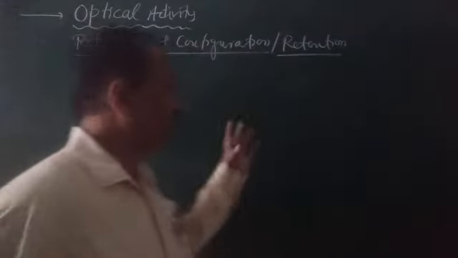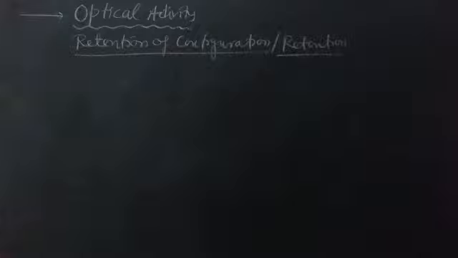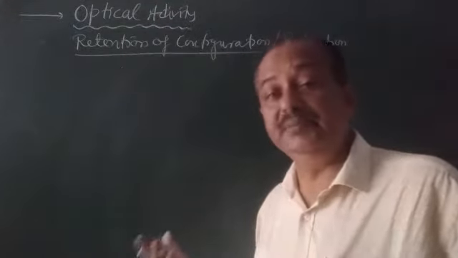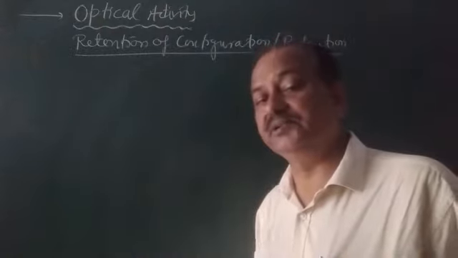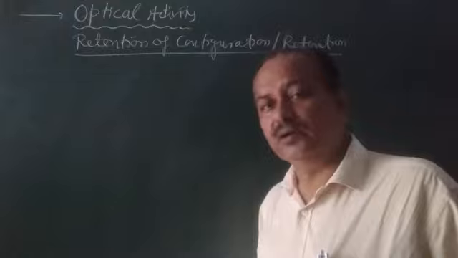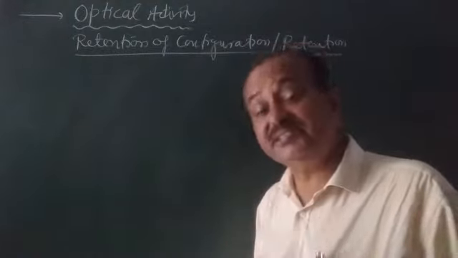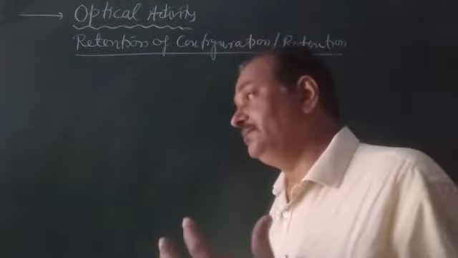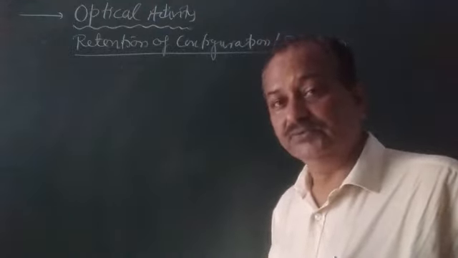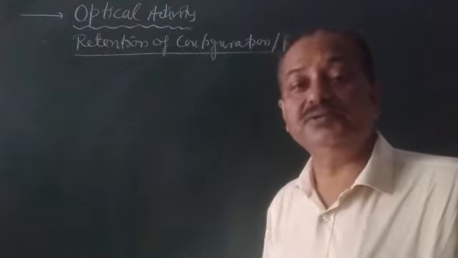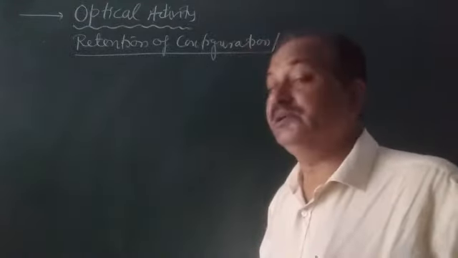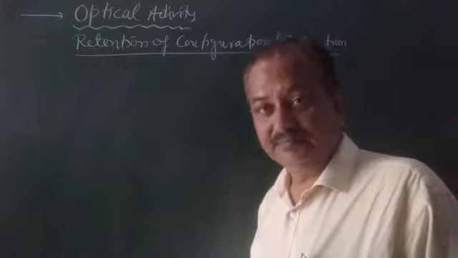Now next is retention of configuration or retention. As the name indicates, it is an English word. It means to keep some title or property or anything special the same, like when a team wins a race, wins a match, or we have any world record, we say that the team was able to retain the title.